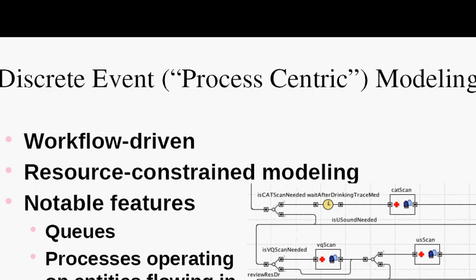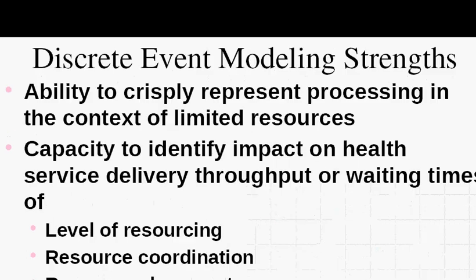Discrete event modeling is extremely powerful for representing processing in the context of limited resources, and particularly in the health sphere, for identifying impacts of health service delivery and understanding throughput or waiting times associated with health service delivery. So, the impact of level of resources on throughput, on how many agents we can treat, the quality or the speediness of care, and for identifying issues with resource coordination and placement of resources in space.